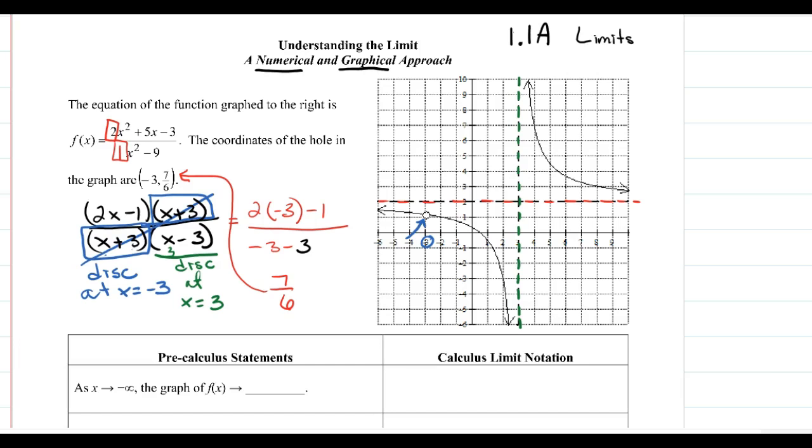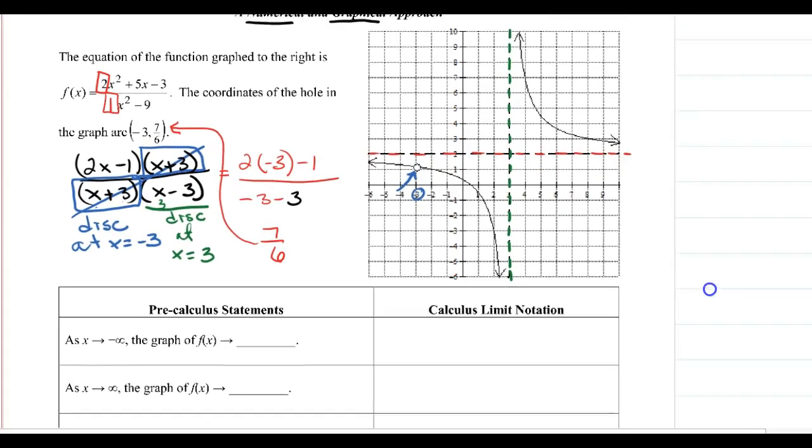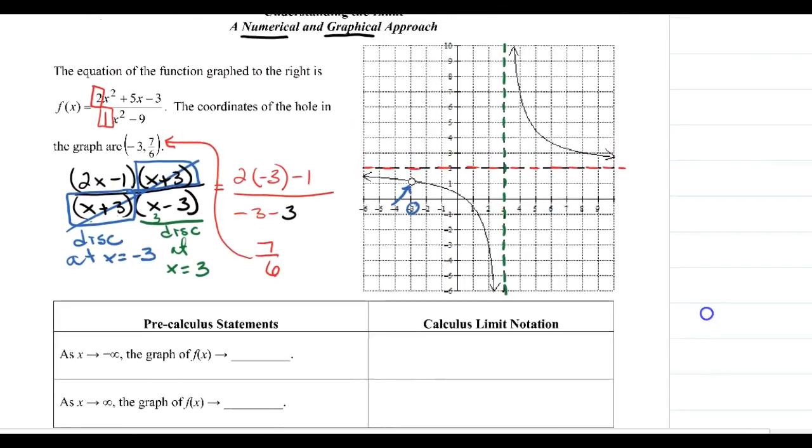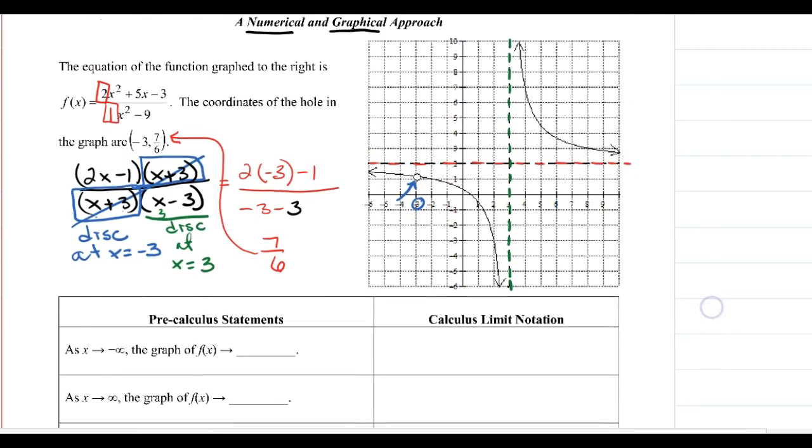And then in pre-calculus, there are some ways that we make some statements. Looking at this graph, we could read and find, as x approaches negative infinity, or as x goes to the left, what does the graph of the function approach? If I trace this function toward the left, toward negative infinity, I approach this asymptote, which has a value of 2.